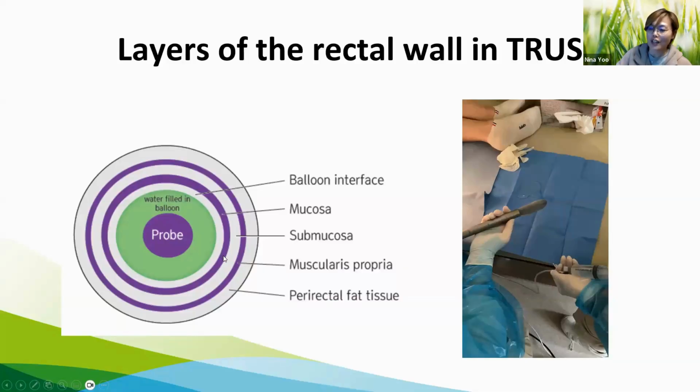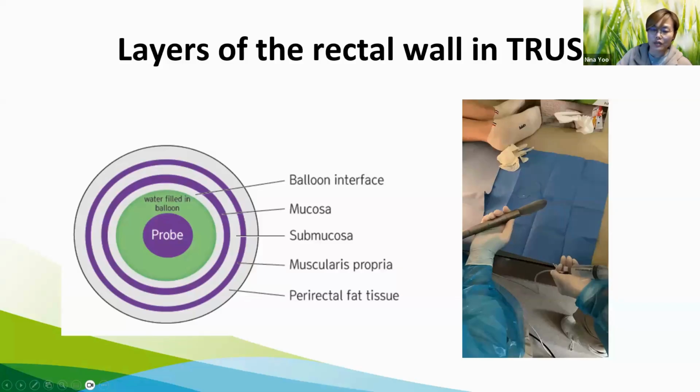So you need to find each layer. If the tumor is located within the submucosa, you will definitely know that it's T1. As soon as it penetrates the muscularis propria, it's T2. And if it breaks the muscle layer and penetrates into the perirectal fat layer, then it's definitely T3.